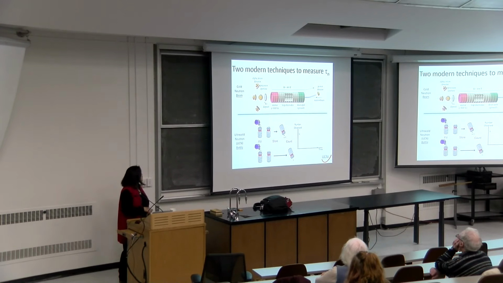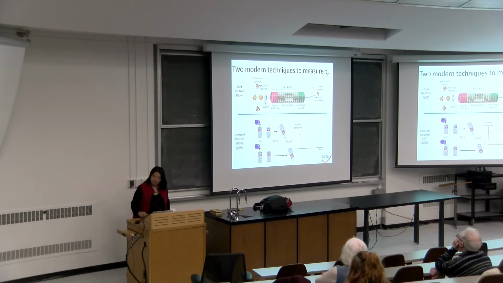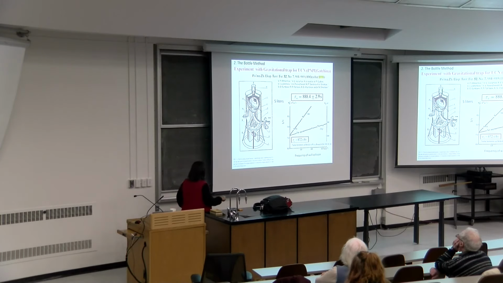And this is called the bottle measurement, usually involving low energy neutrons. In this case, it will be ultracold neutrons. Okay, so this is one example. Actually, this is the best bottle measurement. Again, that's several generations. The first generation experiment was done in the 90s, using this spherical trap here.